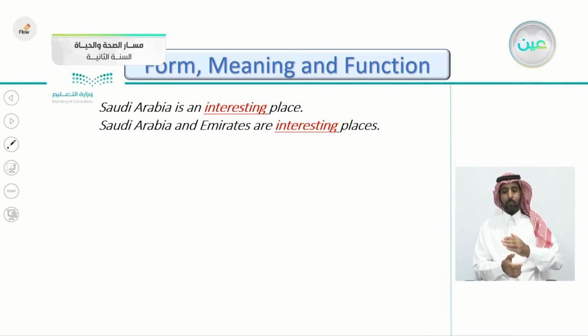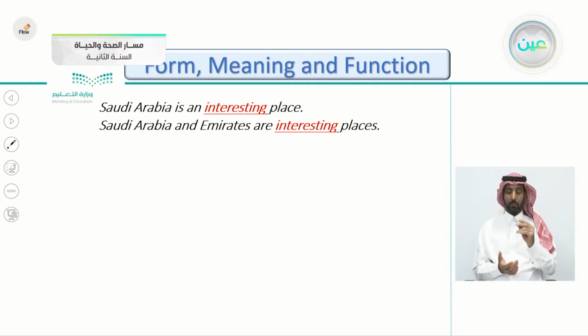For example, Saudi Arabia is an interesting place. You notice here the adjective interesting and the noun place. Same, Saudi Arabia and Emirates are interesting places. This is plural and this is singular. It doesn't matter if it's singular or plural, it's the same adjective.